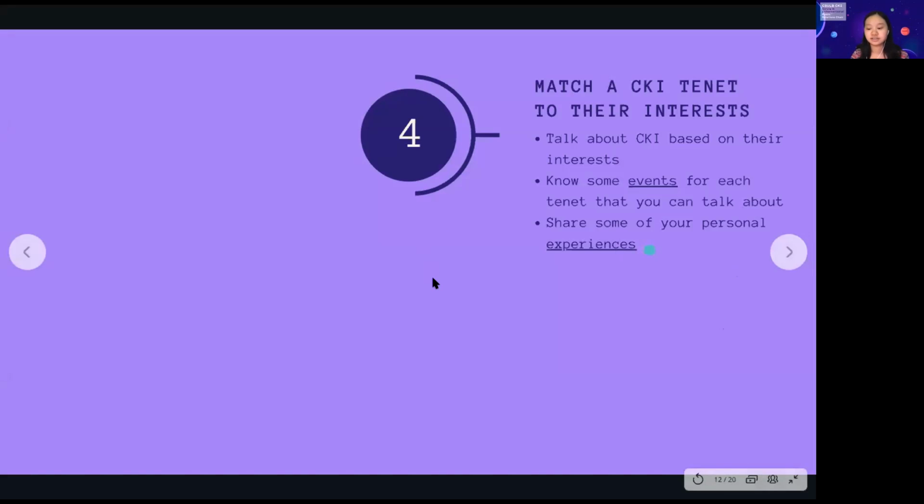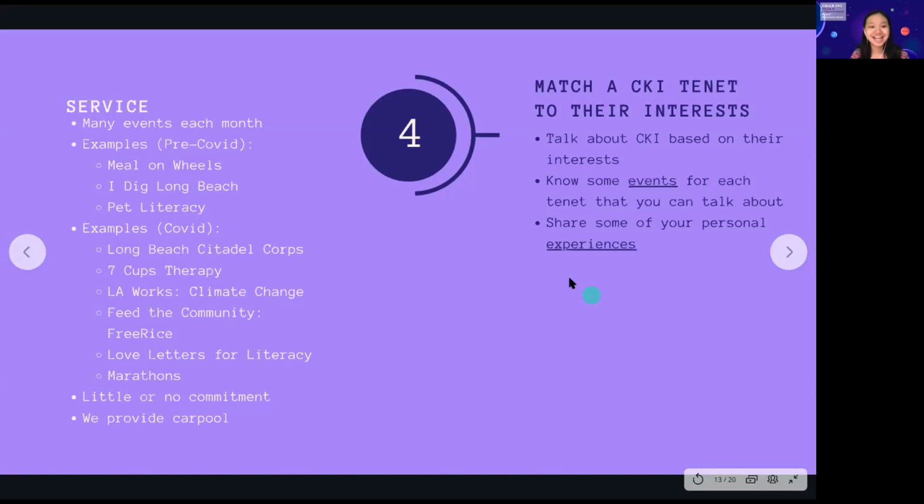And yeah, so first is service. So we have many events each month. I gave examples pre-COVID and during COVID, because especially it's important to list examples of events that are happening right now, because they're joining when everything is virtual. They want to know what they can do and what activities we have and what events are going on in this pandemic.